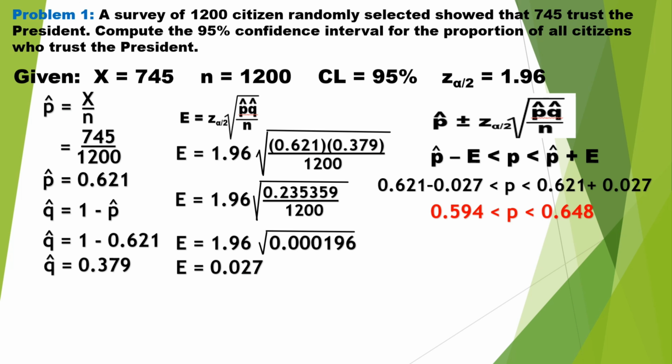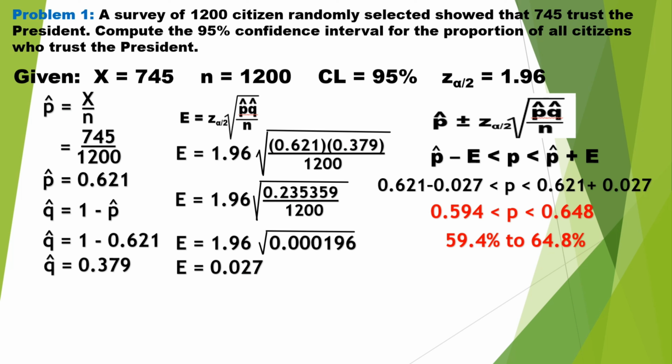By that, we can now say that the estimate interval for P is between 0.594 and 0.648, which can be converted into 59.4% to 64.8%.